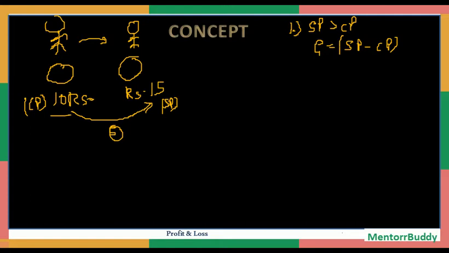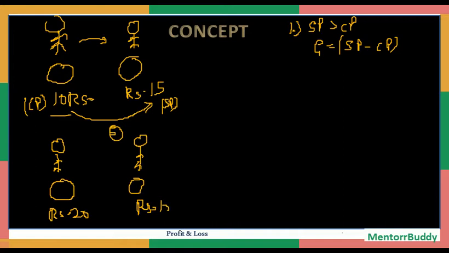Coming to another case, let's say a similar man purchases a mango for 20 rupees, and he sells this mango to another man for rupees 10. So we can see from 20 rupees to 10 rupees, there is a loss of 10 rupees.